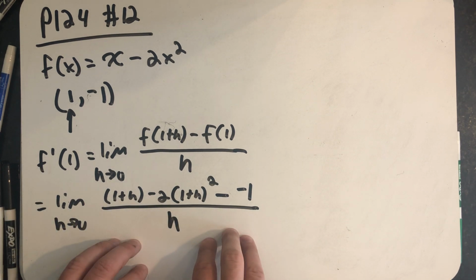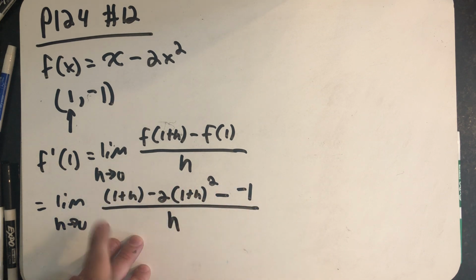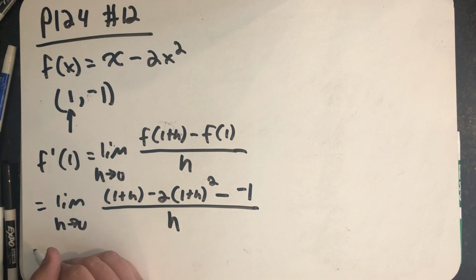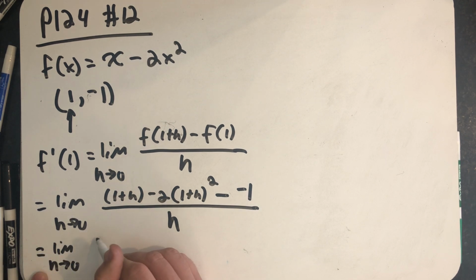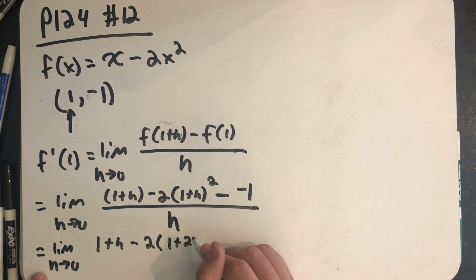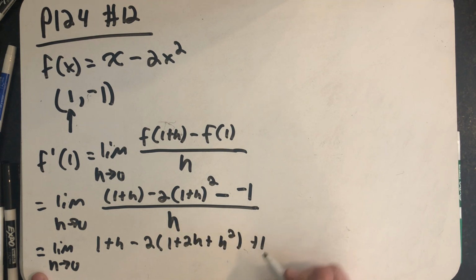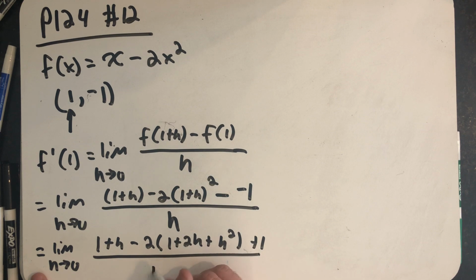But here's the problem I have. I have to evaluate this limit, and I'm in the situation again where I need to try to cancel an h out. So let's do the arithmetic on the top and see if we can find a spot to cancel out that h. All right, so I have to multiply out the 1 plus h all squared, all over h.